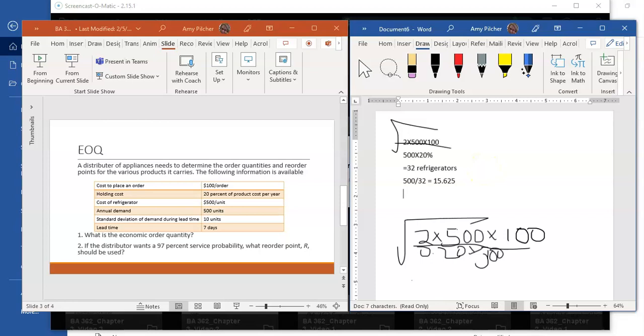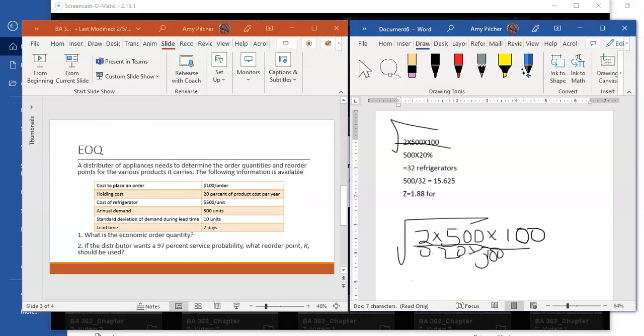Okay. Then if the distributor wants a 97% service probability, what reorder point or R should we use? When should we place our order? So remember, that's a factor of our lead time and our demand. So if we go to the standard normal distribution table in our textbook, we get a z-score of 1.88.